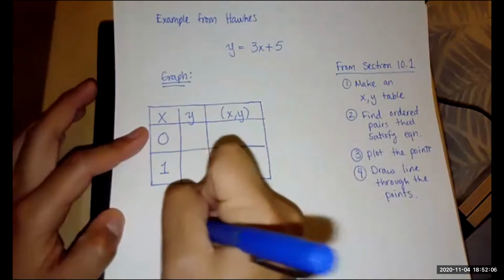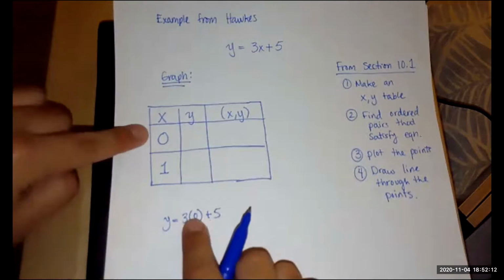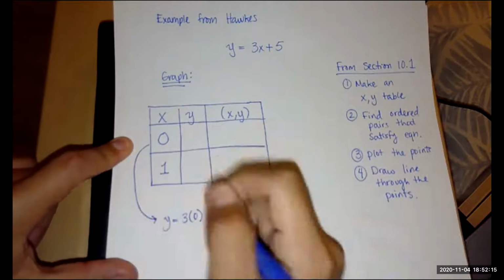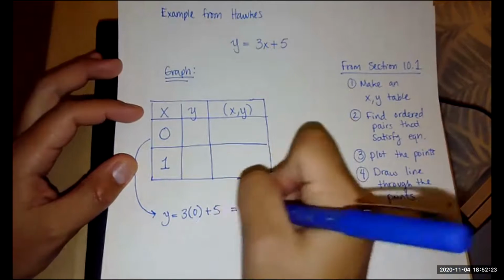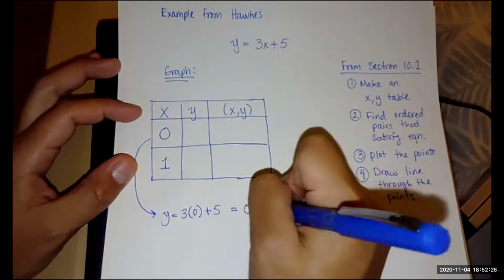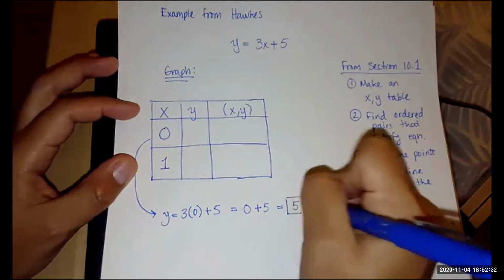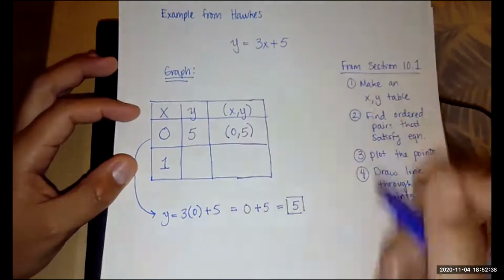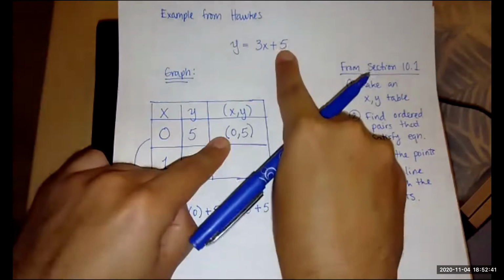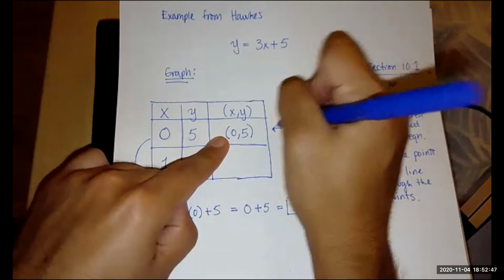So y is equal to 3 times 0 plus 5, because I'm plugging in the 0 for the x. 3 times 0 is 0, then I add 5, and that's 5. So I'll have 0, 5. That makes sense because slope-intercept form says that 0, 5 should be my y-intercept. So here's my y-intercept.